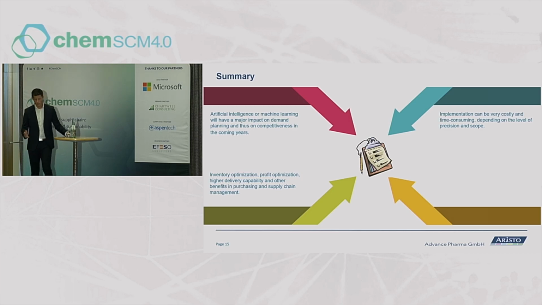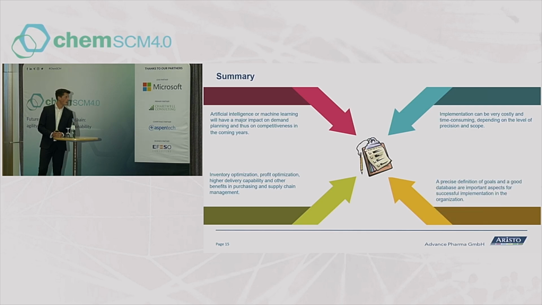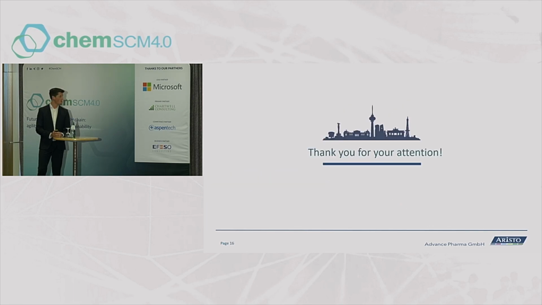Yeah, the implementation can be very costly. That's also a reason why we didn't go on with the project and we stopped the project. And a precise definition of the goals and a good database are really important to have a successful implementation of the AI. Thank you very much for your attention.